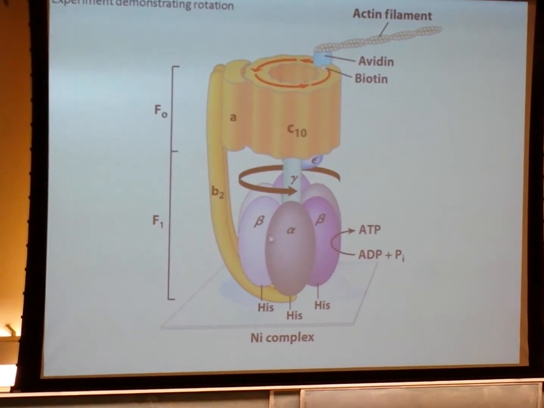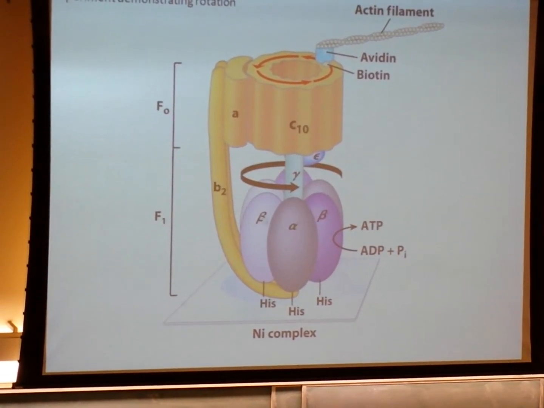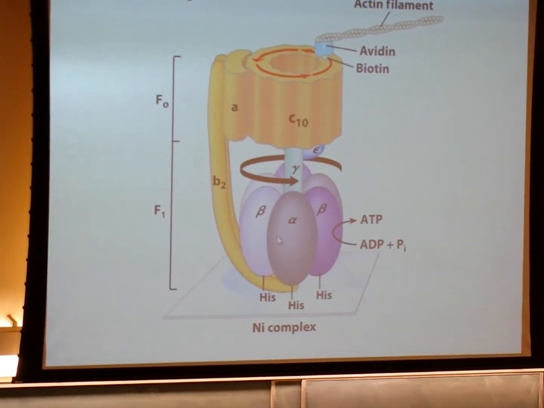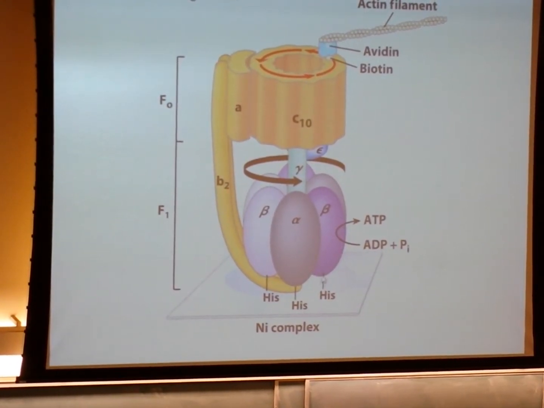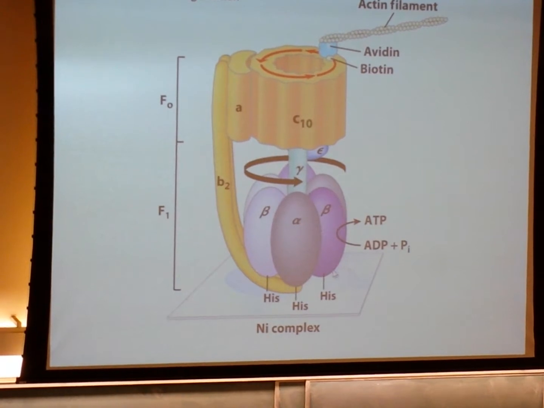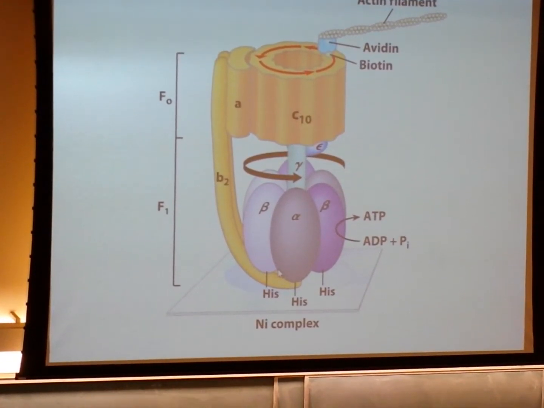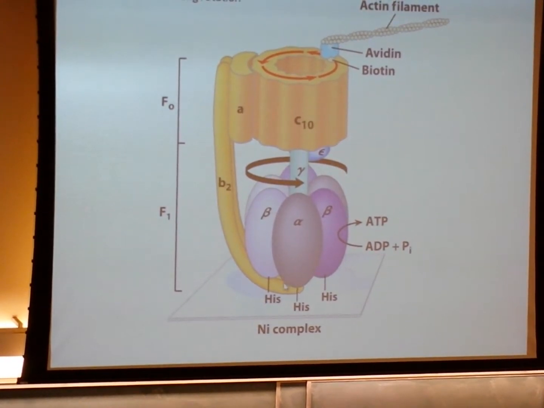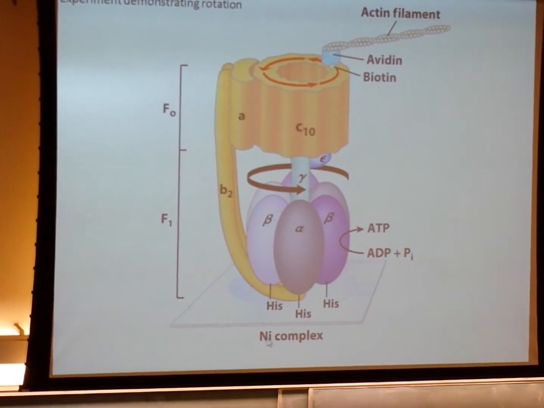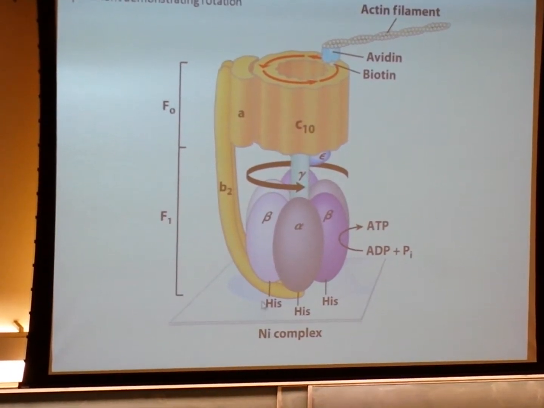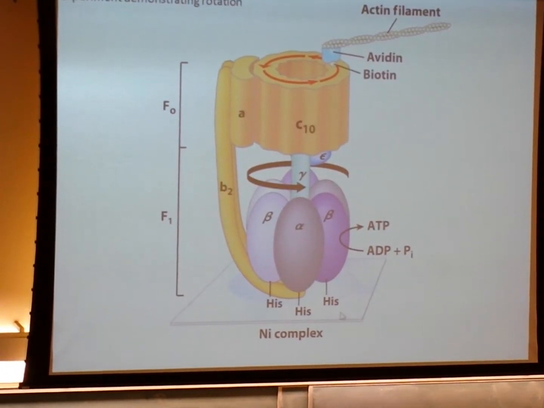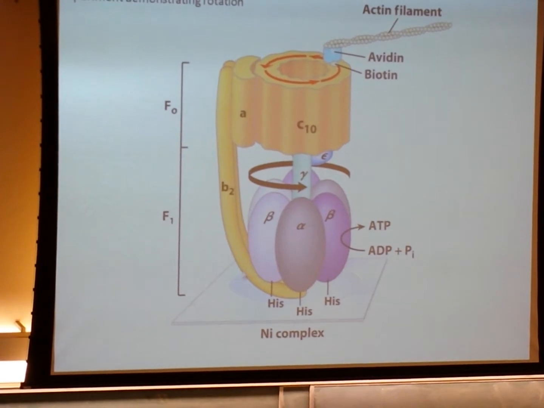So what they did was they engineered this complex here, the alphas and betas, to have a bunch of histidines at this position in the protein. And it's well known that histidines in their base form can form a complex with metals, and they chose nickel. So nickel would be Ni+2. You've got these nickel ions coating this glass slide.